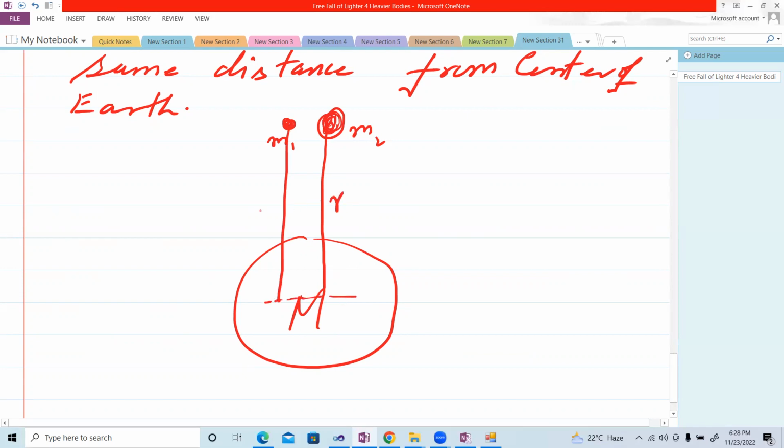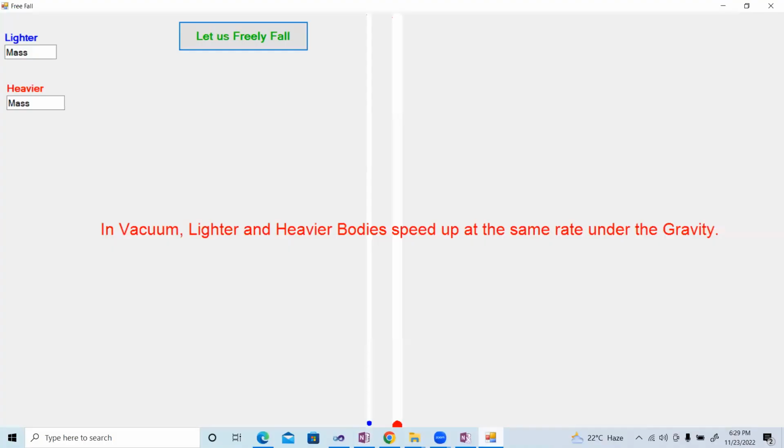In this case, these bodies, irrespective of their different masses, will fall down simultaneously at the ground surface. And this can be seen from the simulation also. From the simulation of the free fall of the lighter and heavier bodies, this aspect can be better understood. So we can see the simulation here.